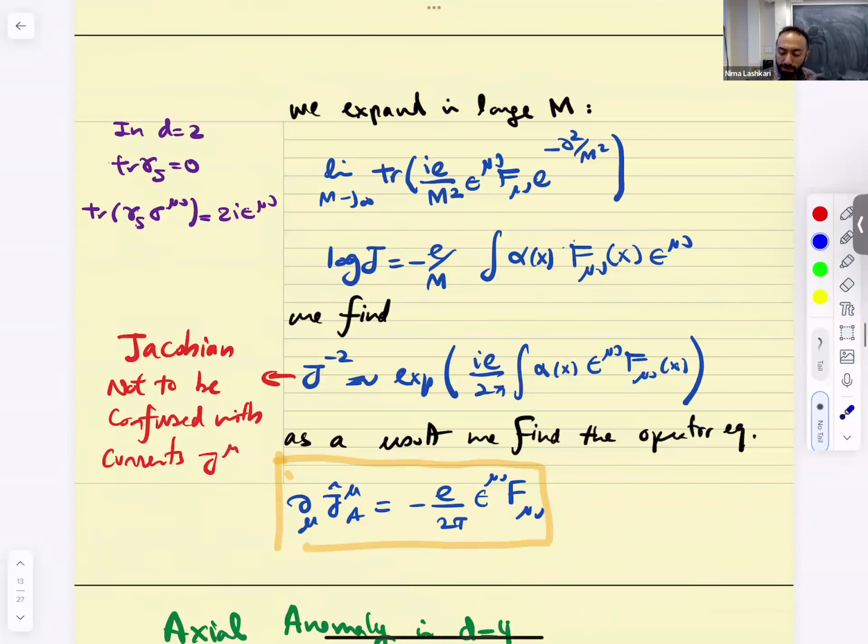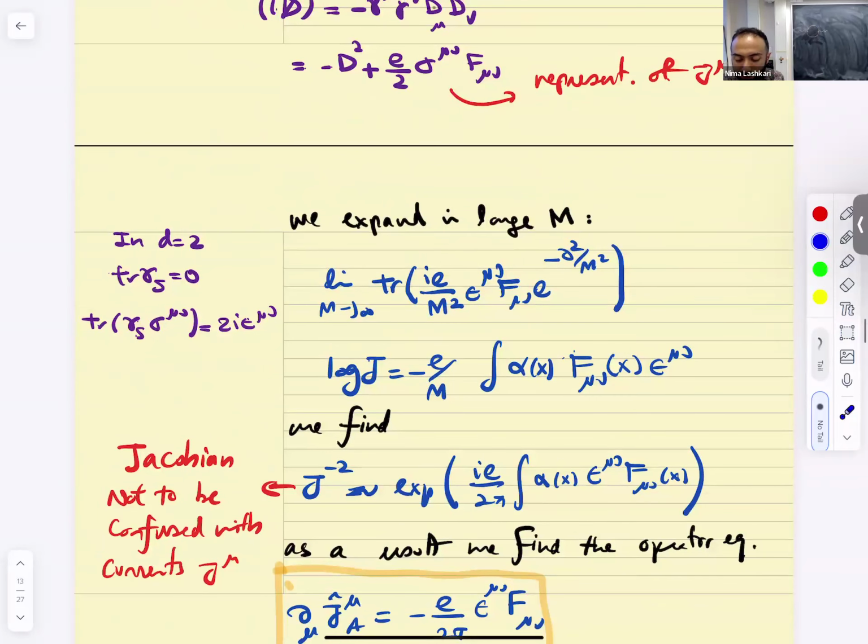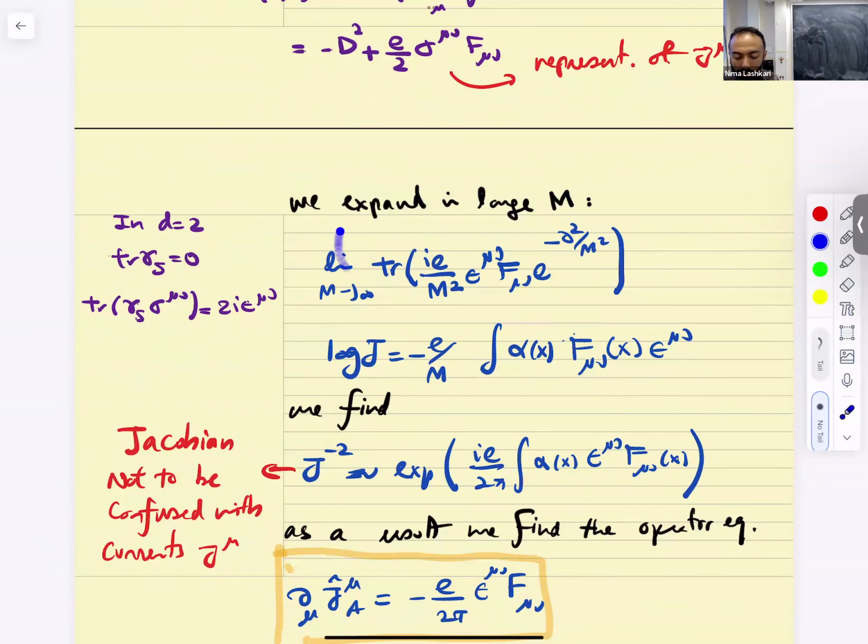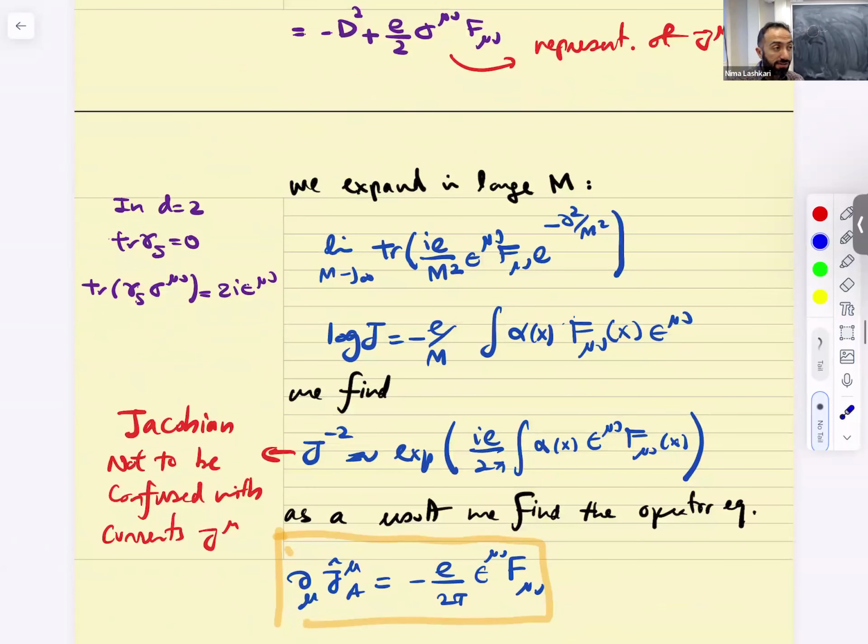All right, so now the task was to expand this in large M. I'm going to do it now, and you'll see. I'm going to come back to it and repeat the same calculation in D equal 4. Up to here is identical. Up to here, I don't assume anything about the dimension. Here's the very first place I use the dimensionality.